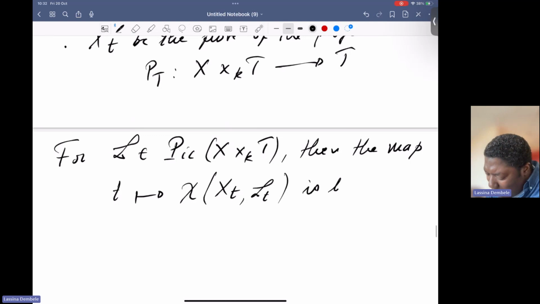So that's what I mean by the Euler characteristic behaving well in families.